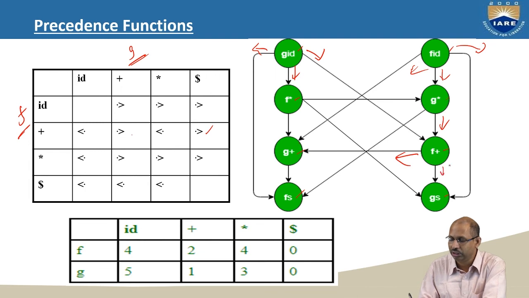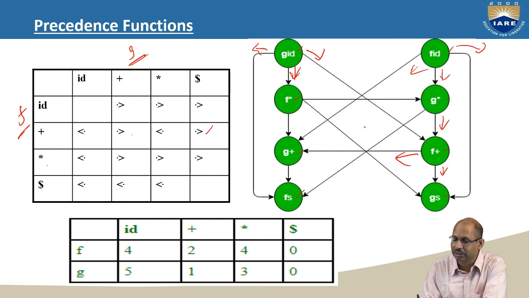Then F multiplication is less than GID. Right? Then F multiplication is greater than G plus.